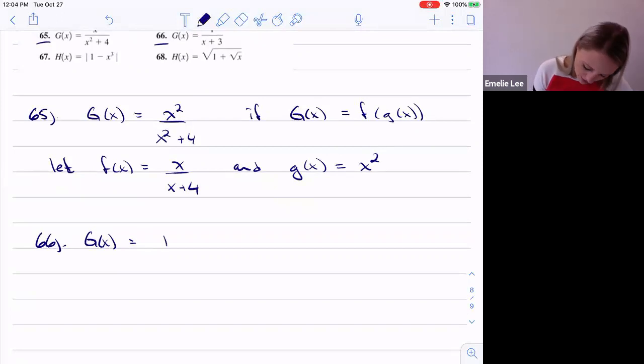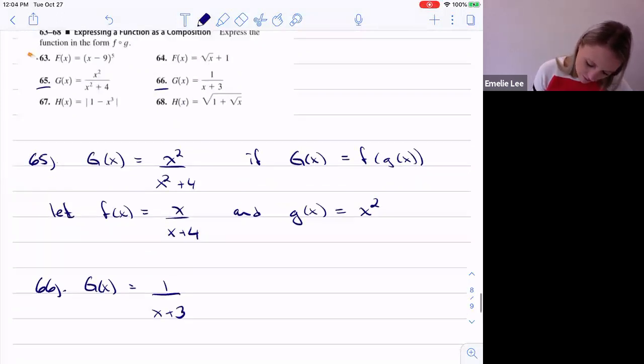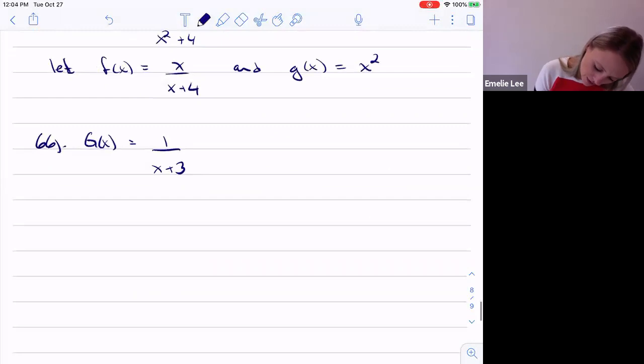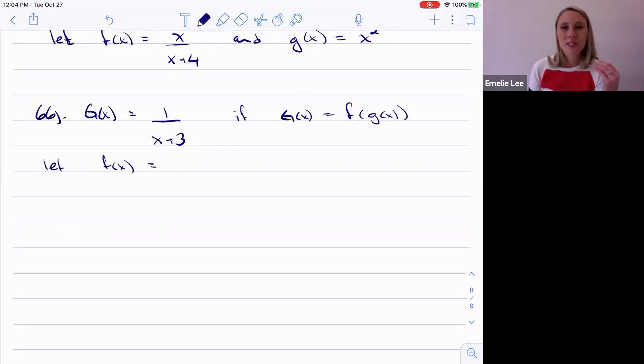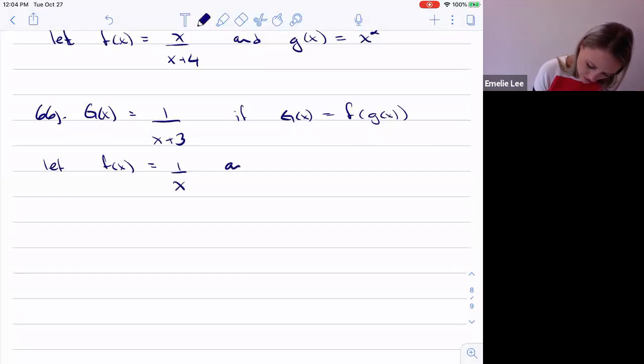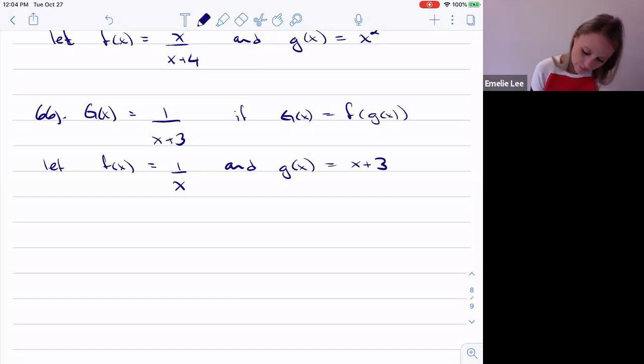So 1 over x plus 3: if capital G of x is f composed with g of x, we can let f of x be 1 over x, and let g of x be x plus 3.